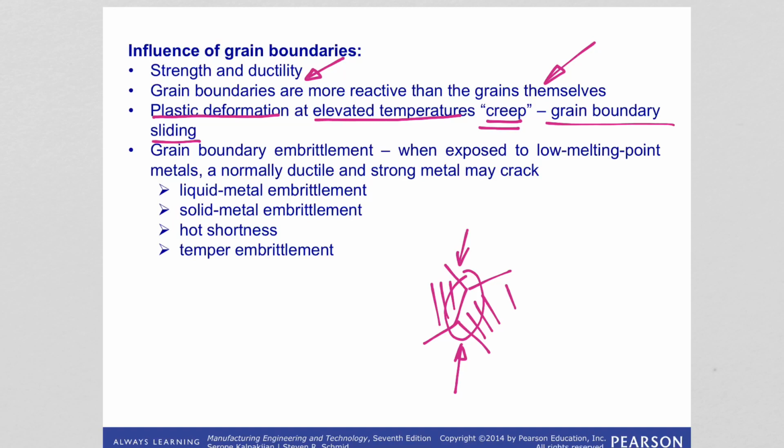Another one is hot shortness, which is caused by the local melting of an impurity along a grain boundary at a temperature below the melting point of the metal itself. This way it is weakening the grain boundary.